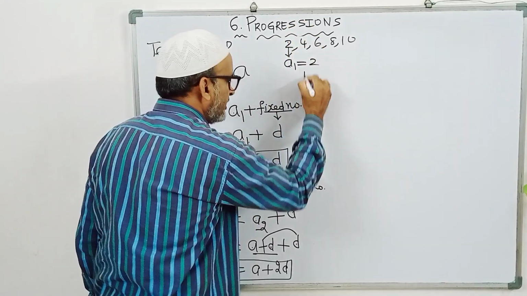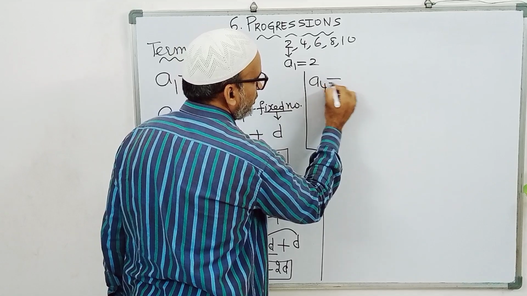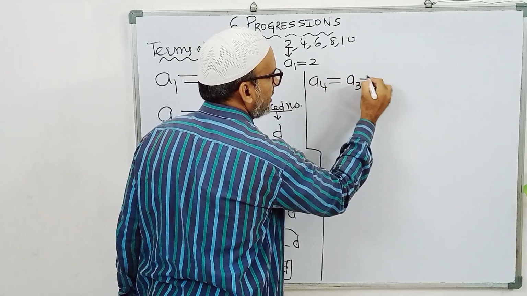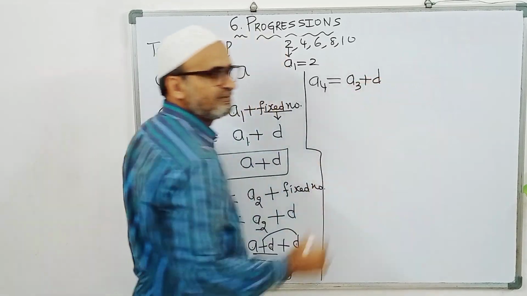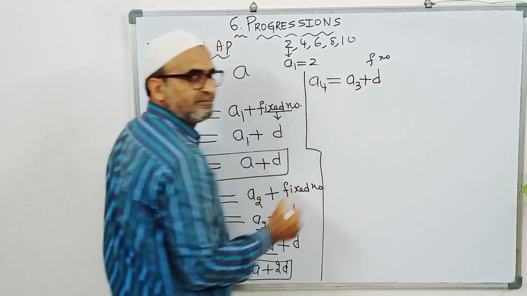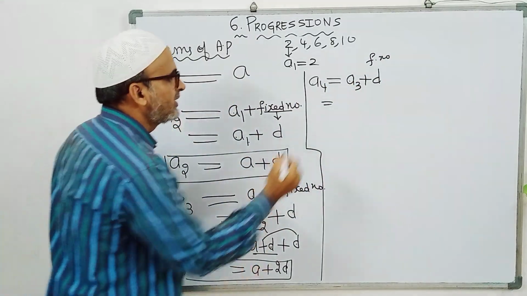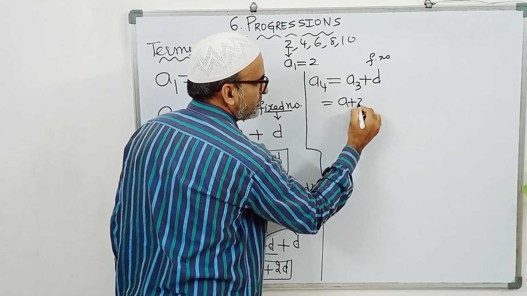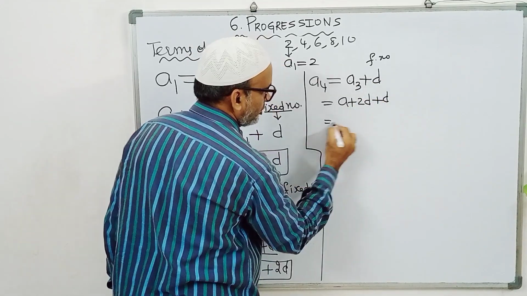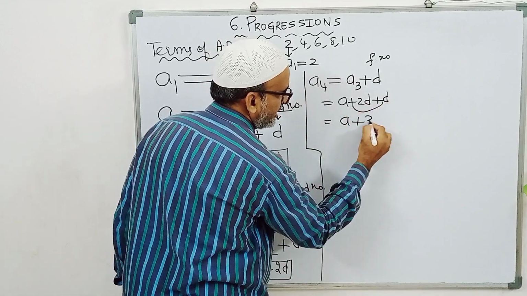Like that only, you see here. To get A4, its previous number is A3 plus the fixed number D. A3's value is A plus 2D. A plus 2D plus D is equal to A plus 3D.